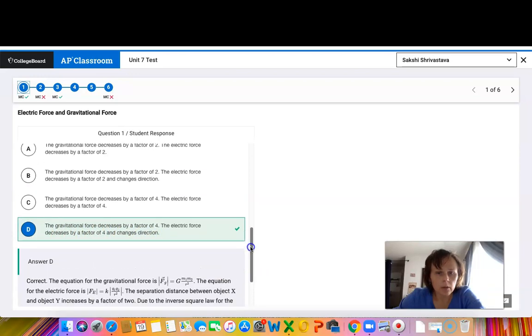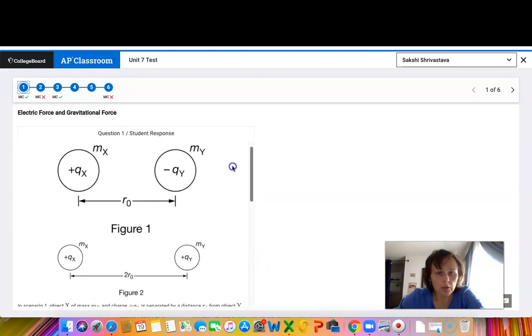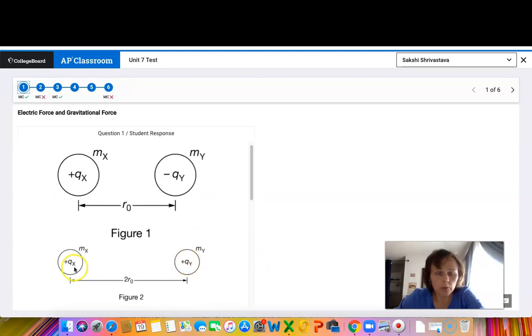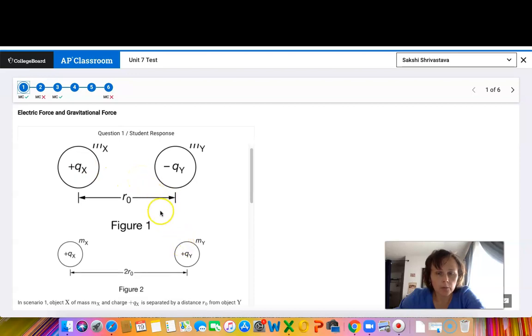The reason it's changing direction is because there are now two positive charges, whereas in the previous setting there was a positive and a negative charge, and both forces are inversely dependent on the square of the distance between the charges.